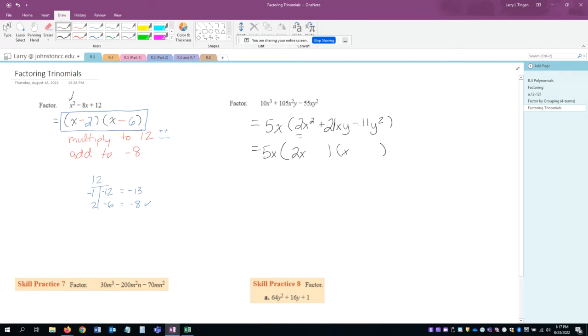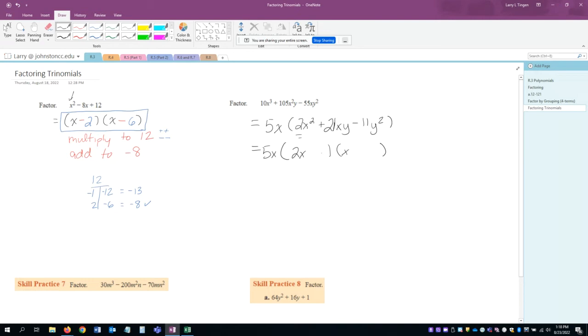So I need to multiply two things to get negative 11. So I have to have what kind of signs? Well, they have to be alternating, right? If I'm going to multiply two things to get a negative, one has to be positive, one has to be negative, right? So, well, 11's prime. Well, that's great, because the only way to get 11 is 1 and 11.